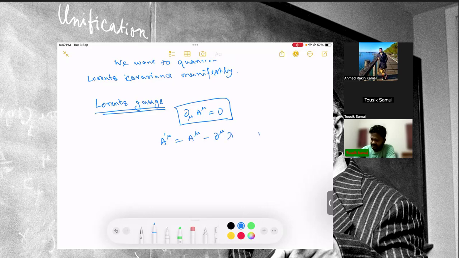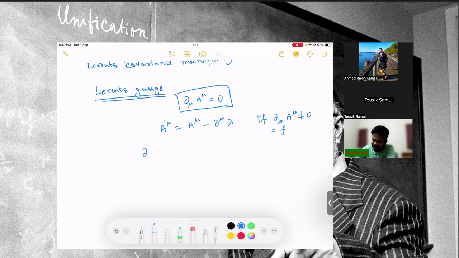So if del mu a mu is not equal to 0 but equal to some function f, then we demand that del mu a prime mu be 0, which is nothing but del mu a mu minus del mu del mu lambda.